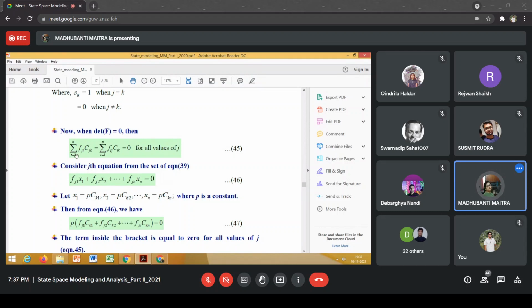Look at this equation. This summation is always equal to 0 if determinant f is equal to 0. When determinant f is not equal to 0, that means f is non-singular, then we know the solution is a trivial solution, where x1, x2, x3, xn are all equal to 0.